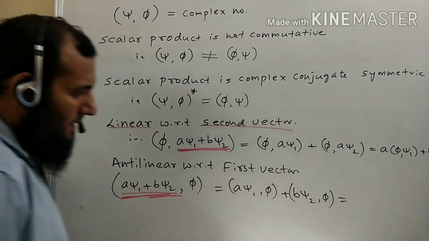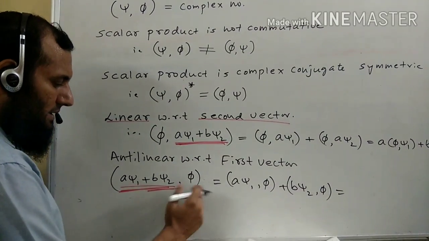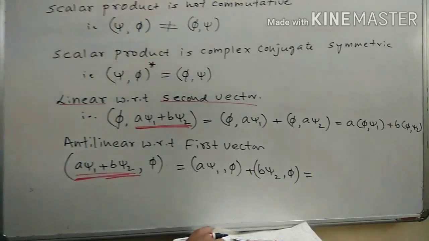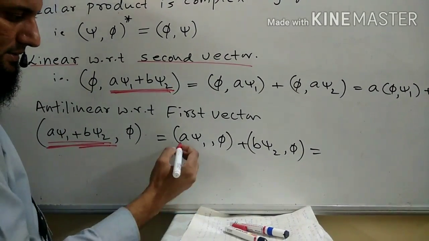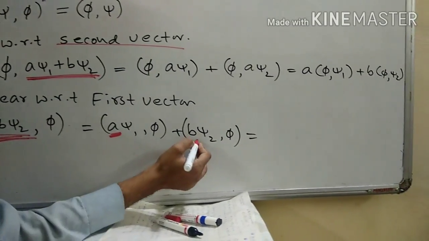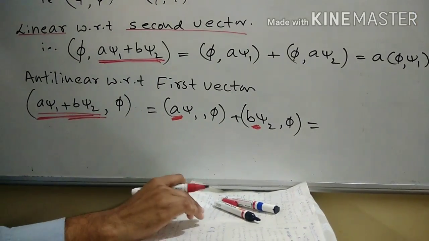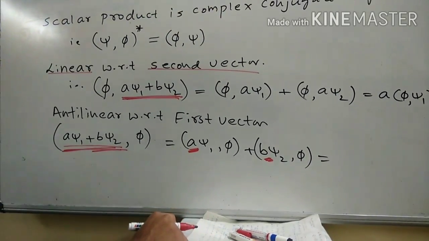Up to here there is no problem: we have separated the inner product like this. Now the thing is, here we have a scalar and here we have a scalar. How to take the scalars out of the inner product?